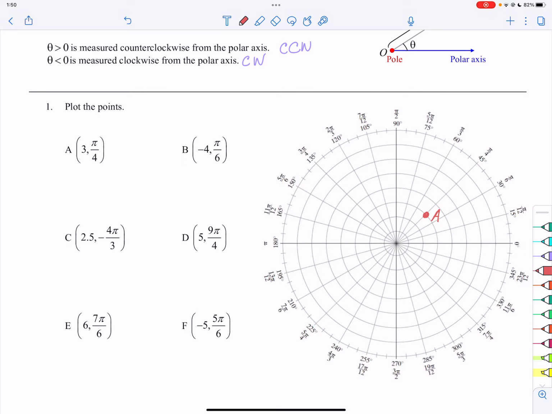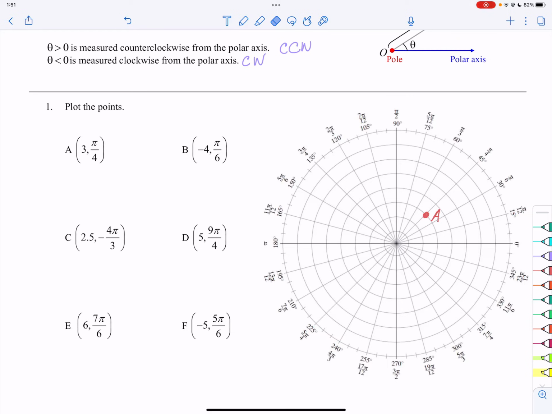Point B, we are at pi over 6 for our directed angle. However, we will go away from the pole 4 units. So even though we're here at pi over 6, we're now going to go the other way, and that's 4 units.